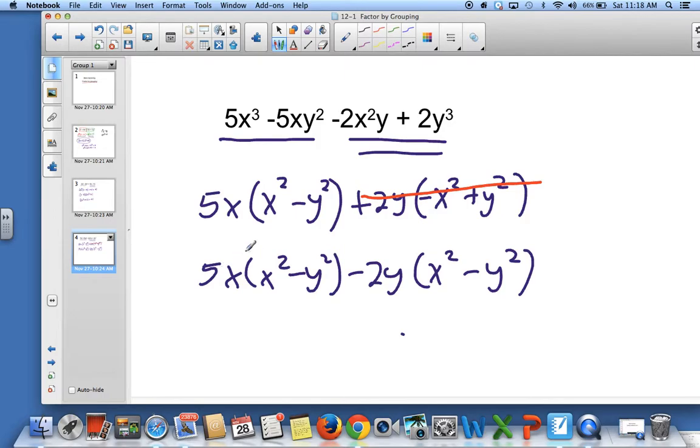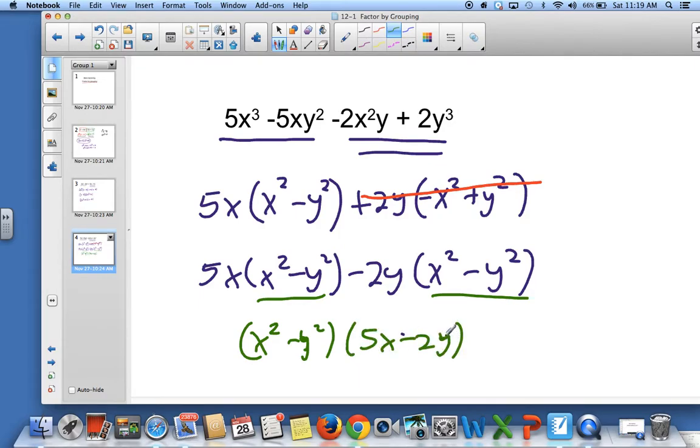And now I notice that I have a common factor of x squared minus y squared. So I would write x squared minus y squared, parentheses, and then I have 5x minus 2y. Before I say, great, I figured the problem out, I have to look at this and ask, can I factor any of these anymore?